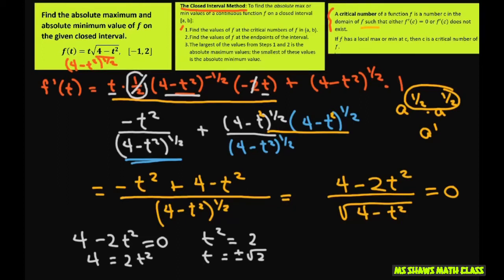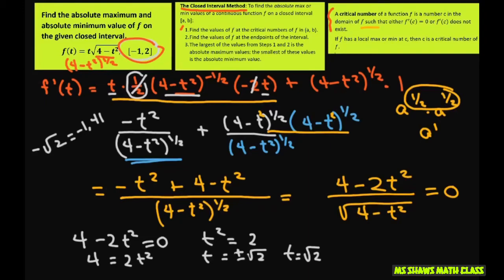We can't take the negative, because negative square root of 2 equals negative 1.41, and that's not in our closed interval. So we have to disregard the negative, and t is just going to be square root of 2.